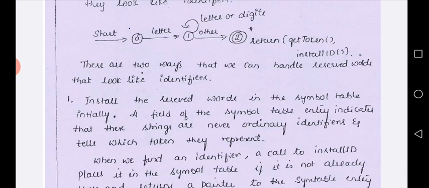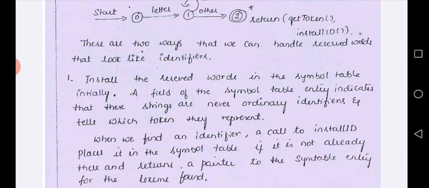Then whenever we get any identifier or any particular pattern, we send that information to the symbol table for reference, to check whether that particular identifier or keyword is already present in the symbol table. What is present now?